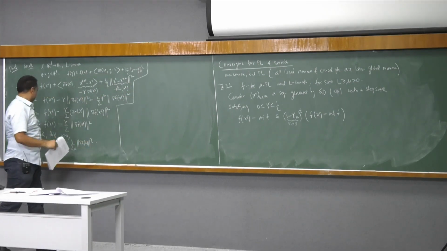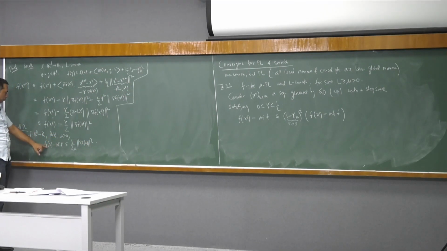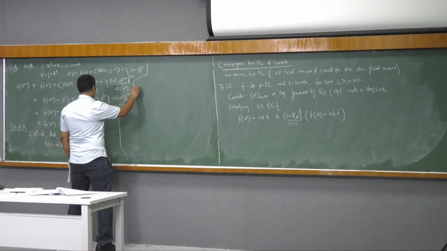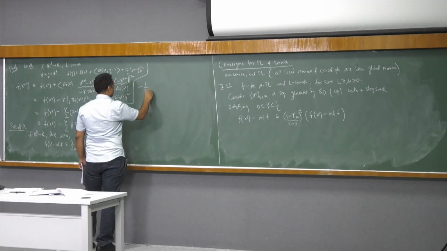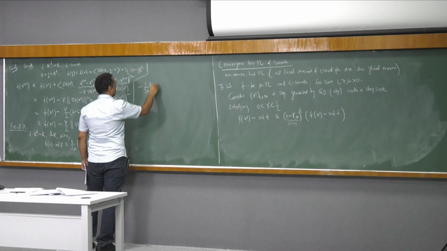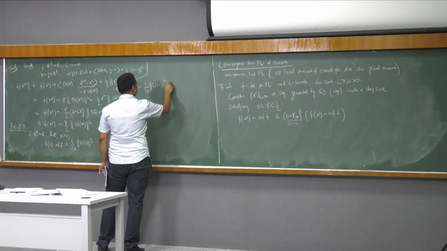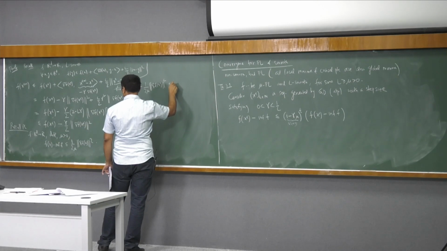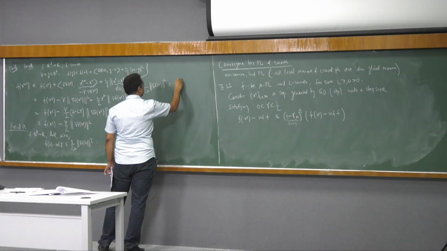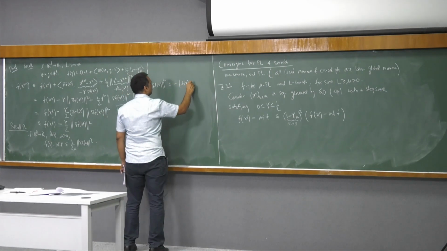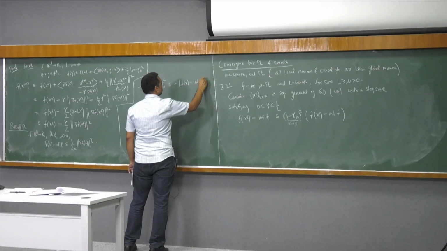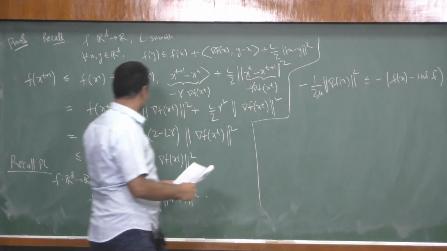So negative of 1 by 2 mu grad f x squared is less than equal to negative of fx minus infimum of f, because we are looking for the upper bounds, right?